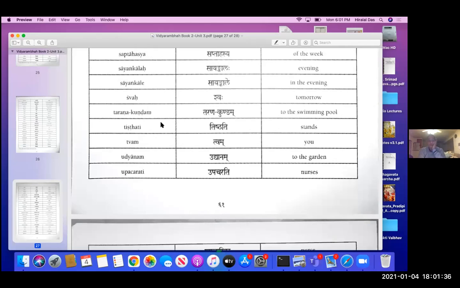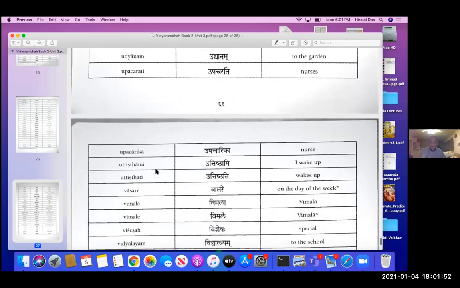Udyanam, to the garden. Upacharati, nurses. Okay, very good.